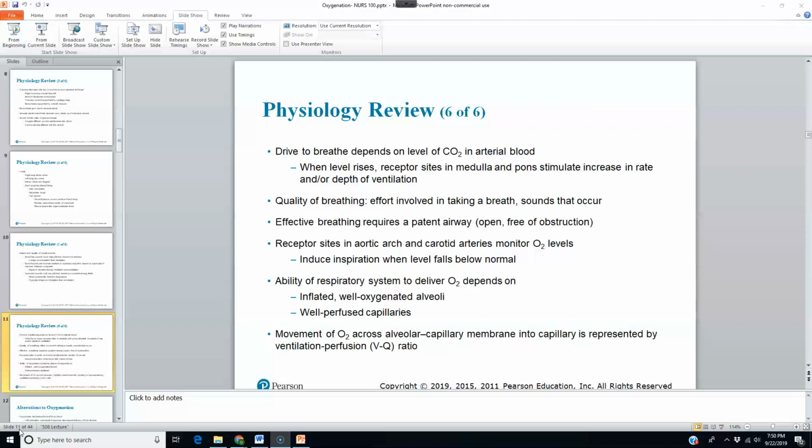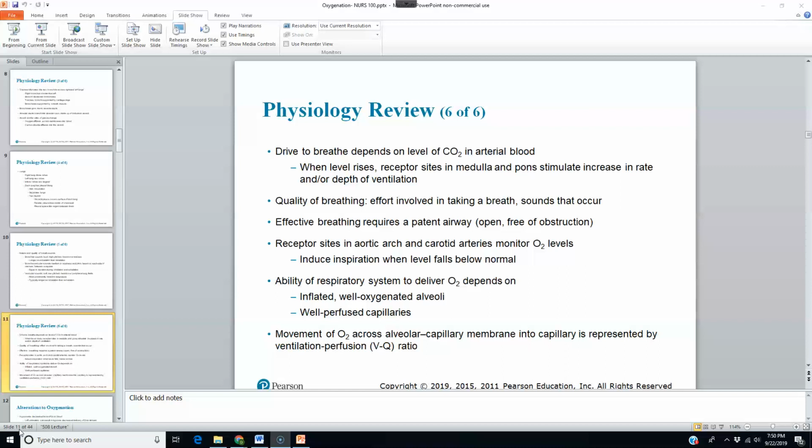And that movement of O2 across the alveolar capillary membranes into the capillary is represented by ventilation perfusion, or a VQ ratio, okay? That's really important because we are going to talk later on, and you're going to learn in some of your classes later on, that a patient who might have a ventilation perfusion problem, this will definitely be altered.